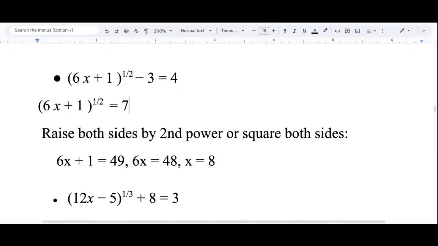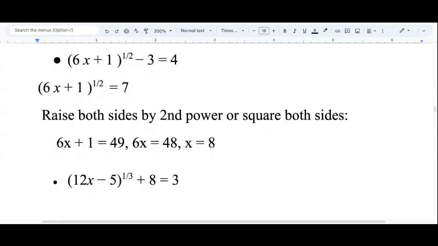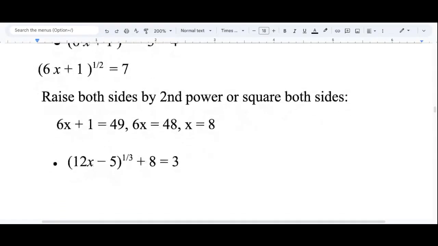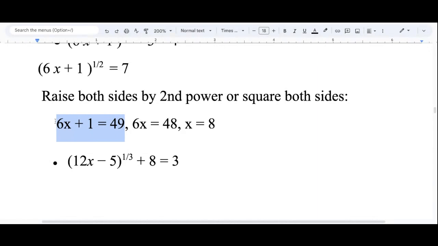Now to get rid of the half power, we want to raise both sides to the power 2, or square both sides. So we get 6x plus 1 equals 7 squared, which is 49. So that means 6x equals 48 and x equals 8.